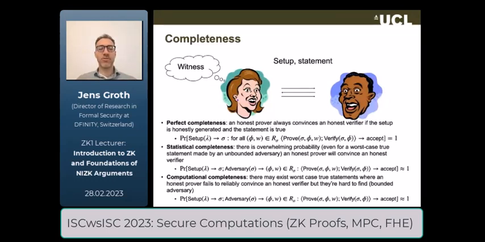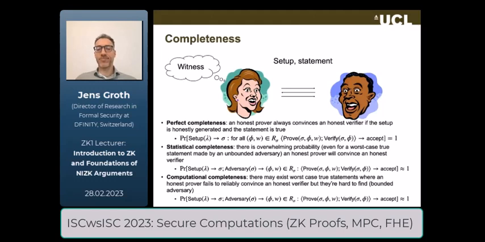Perfect completeness says that if you have an honest prover and an honest verifier, and the prover knows the witness, then it should always be the case that the prover convinces the verifier, assuming that the setup is generated correctly.